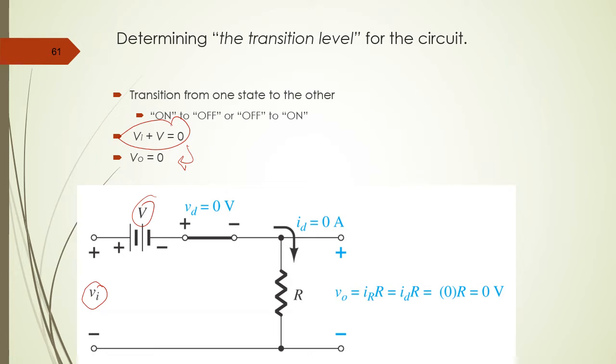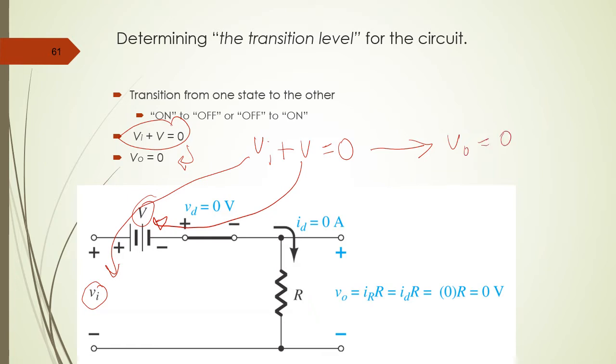So when Vi plus V equals 0, Vi is this one and V is this one, it will make the voltage also equal to 0, because the values of Vi and V are opposite. So they cancel out, and there is no voltage inside the circuit.